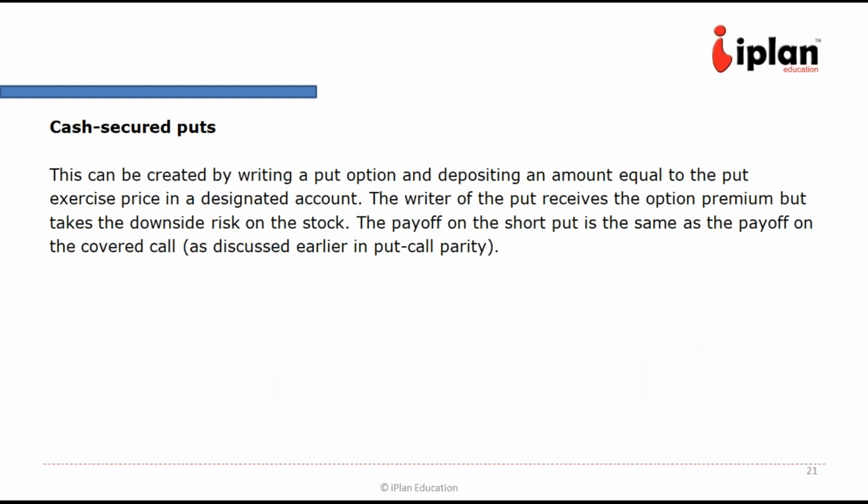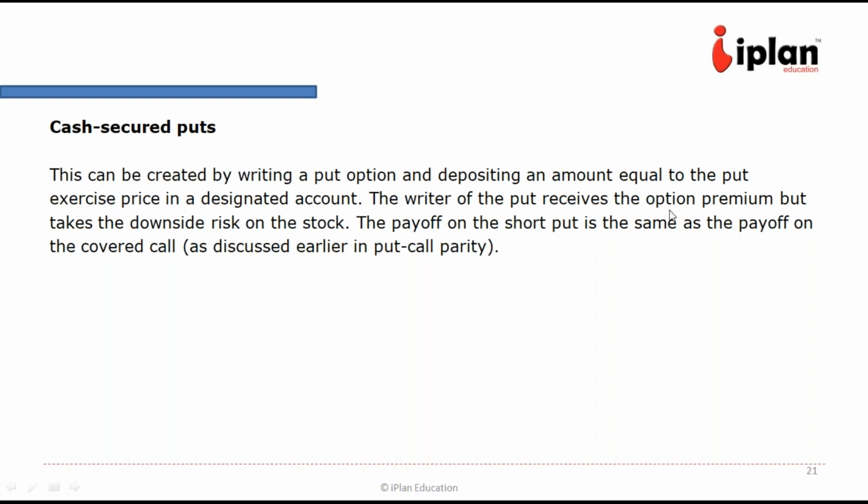Now, cash secured put. This can be created by writing a put option. So you are selling a put option and depositing an amount equal to the put exercise price in a designated account.